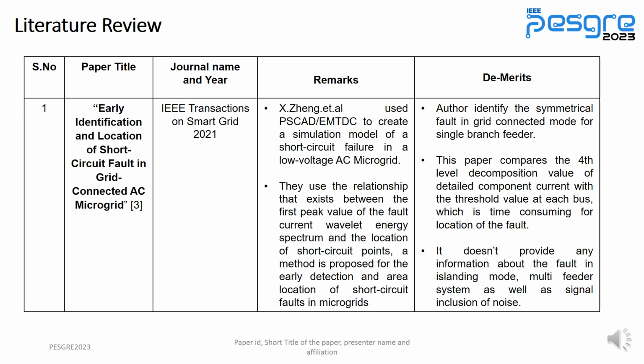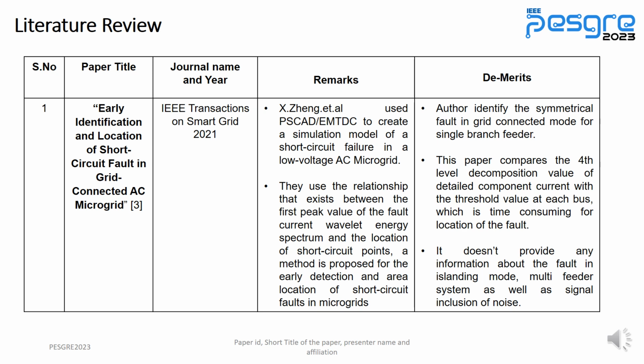Coming to the literature review, there is one paper, early identification of short circuit fault in grid connected AC microgrid, in the journal IEEE Transactions on Smart Grid. They have mainly done PSCAD EMTDC simulations based on short circuit failure in low voltage AC microgrid, using wavelet energy spectrum for detecting the short circuit faults in the microgrids.